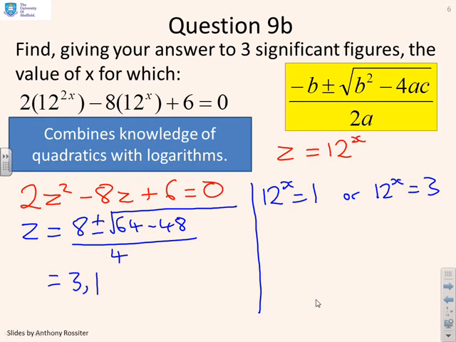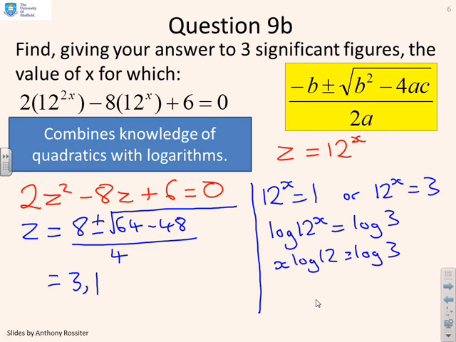So what I can do is write things like log of 12 to the x equals log of 3, or x log 12 equals log 3, or x equals log 3 over log 12. And if you do that, you'll find that the answer is 0.221.